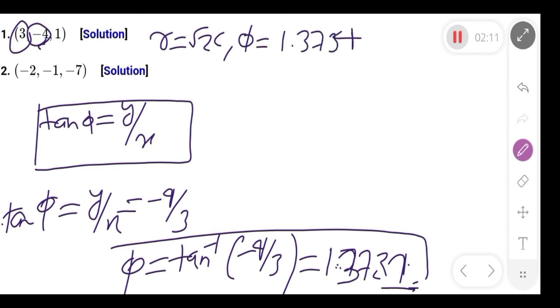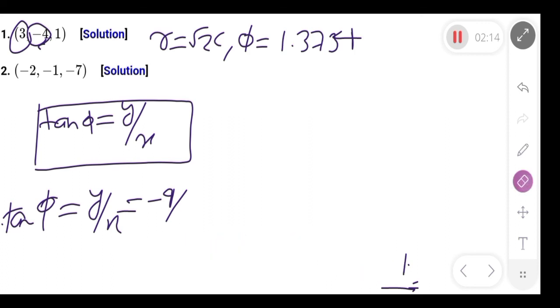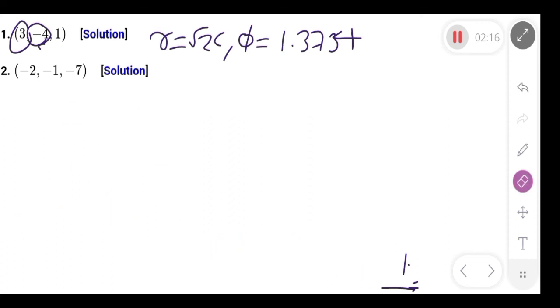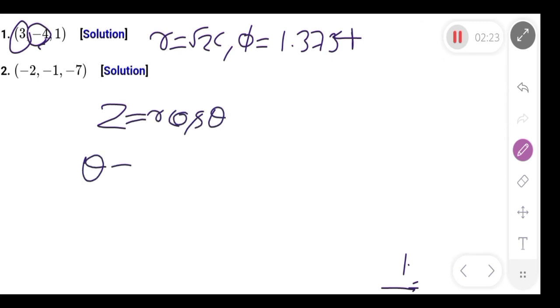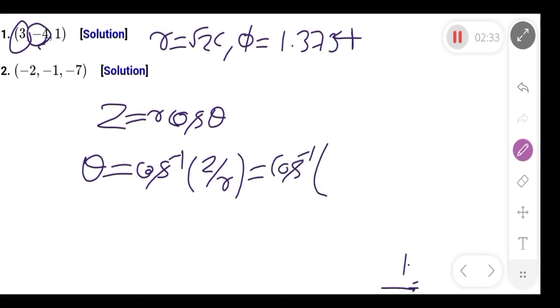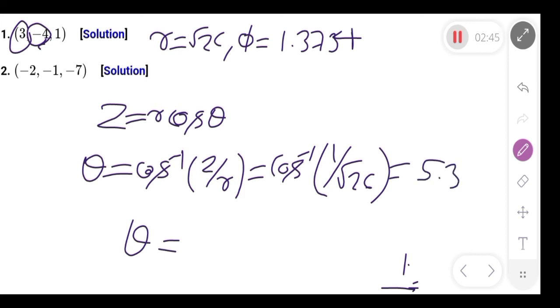Now we solve for theta. We know z is equal to r cos theta, then theta is equal to cos inverse of z by r. Then we get cos inverse, where the value of z is 1 and r is under root 26. Now we get theta equal to 5.35.